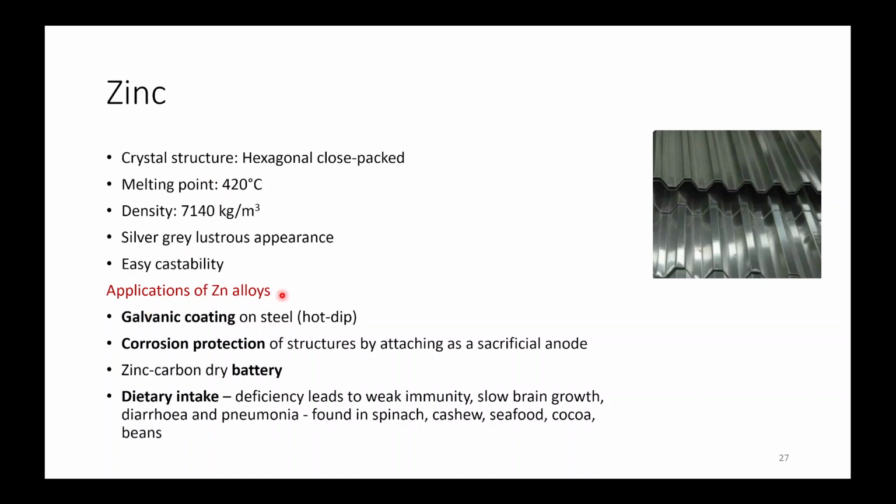Now, applications of zinc alloys. These can be used in making galvanic coatings on steel, because zinc will oxidize earlier compared to steel, so it provides corrosion resistance to the underlying steel layer. Also corrosion protection of structures by attaching it as a sacrificial anode, zinc carbon dry batteries, and dietary intake, like zinc tablets taken for fighting deficiency, which leads to weak immunity, slow brain growth, diarrhea, pneumonia.